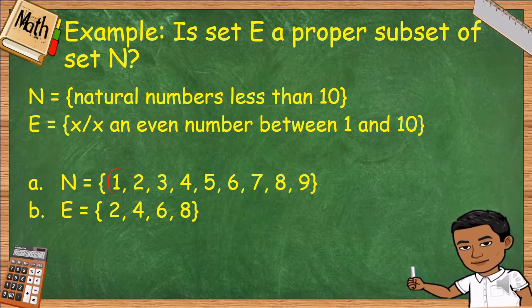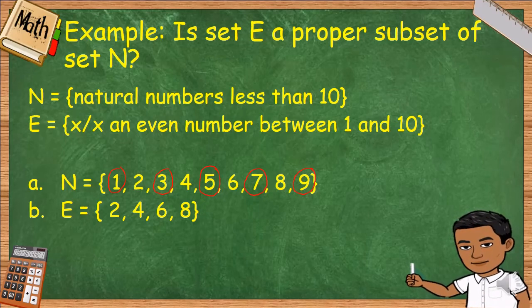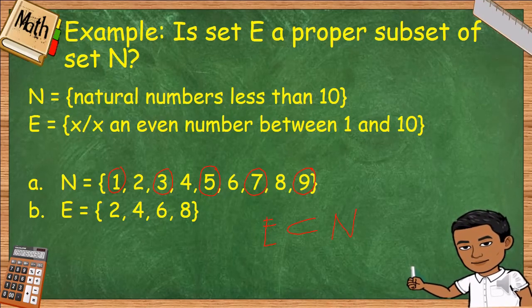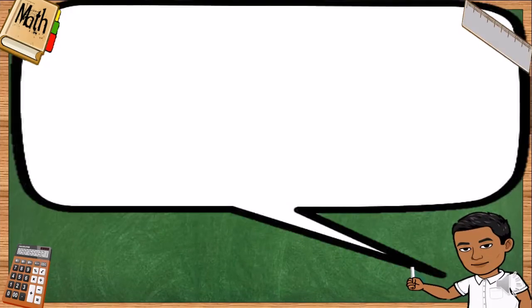We have 1, 3, 5, 7, and 9. Sobra-sobra na yung naging condition natin. Ang kailangan lang natin, at least one element in N dapat wala kay set E, para masabi natin na proper subset si E nung set N. So, obviously, meron tayong mga elements na wala kay E. Therefore, we can safely say that set E is a proper subset of set N. So that is the concept of the proper subset.